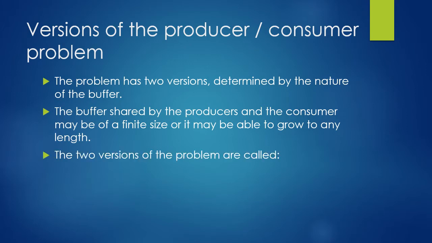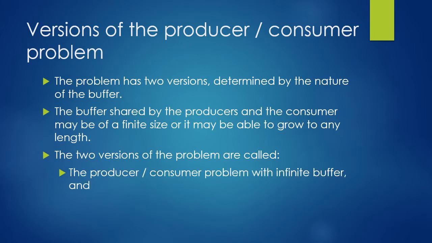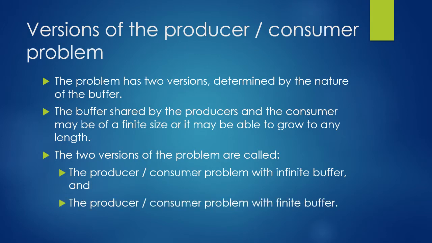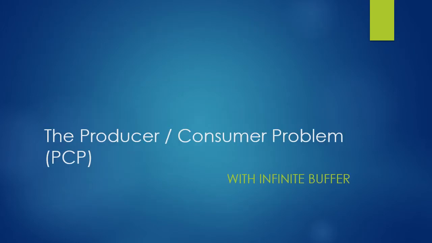The two versions of the problem are called the producer-consumer problem with infinite buffer and the producer-consumer problem with finite buffer. We begin with the producer-consumer problem with infinite buffer.